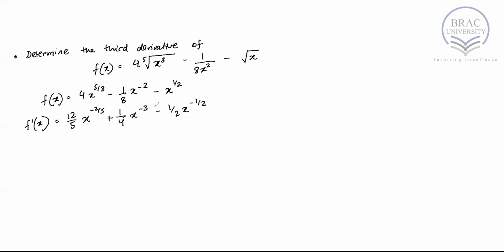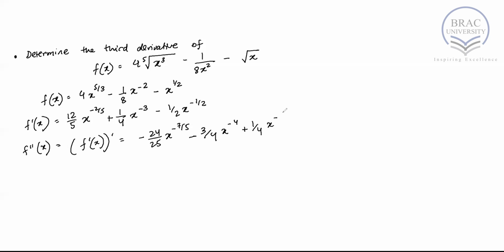So this is our first derivative, and we're going to find the second derivative, which is again simply the derivative of the first derivative. So what we get is minus 24 by 25 x to the power of minus 7 by 5 minus 3 by 4 x to the power of minus 4 plus 1 by 4 x to the power of minus 3 by 2.